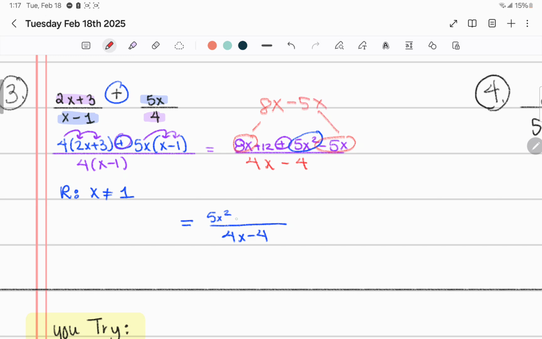So that equals positive 3x. And then last we have positive 12. And that is the answer. I'll give you guys a sec to write that down.